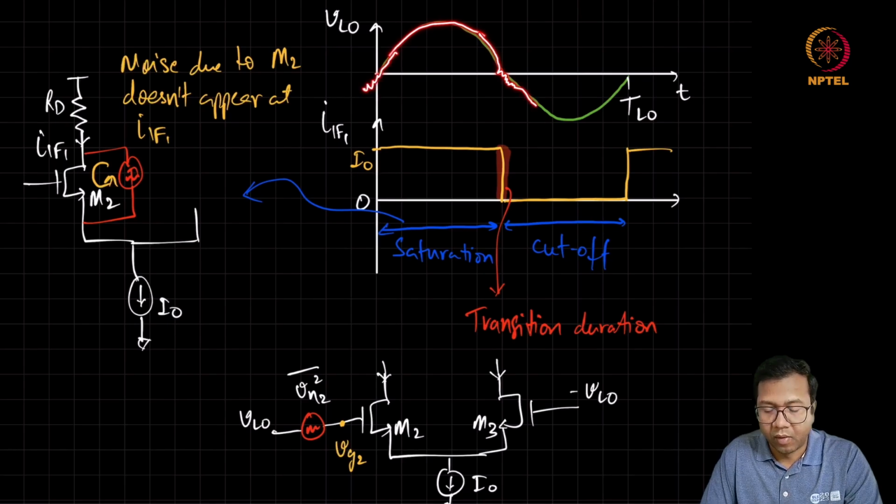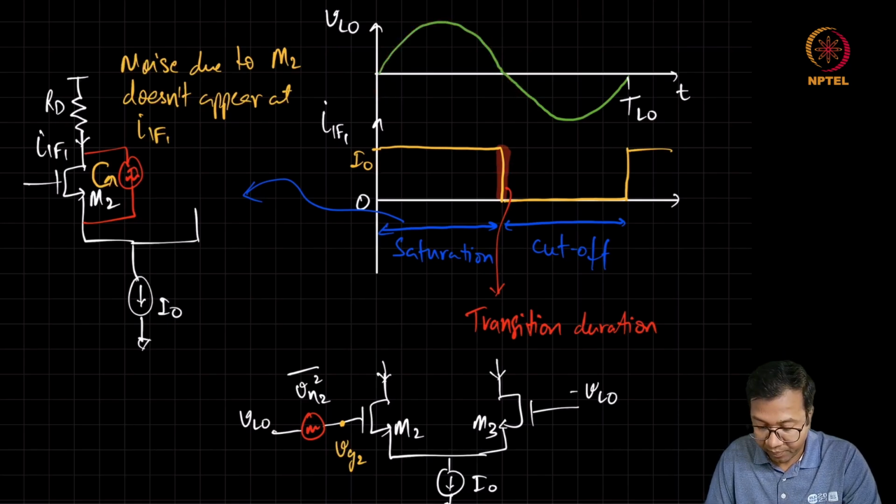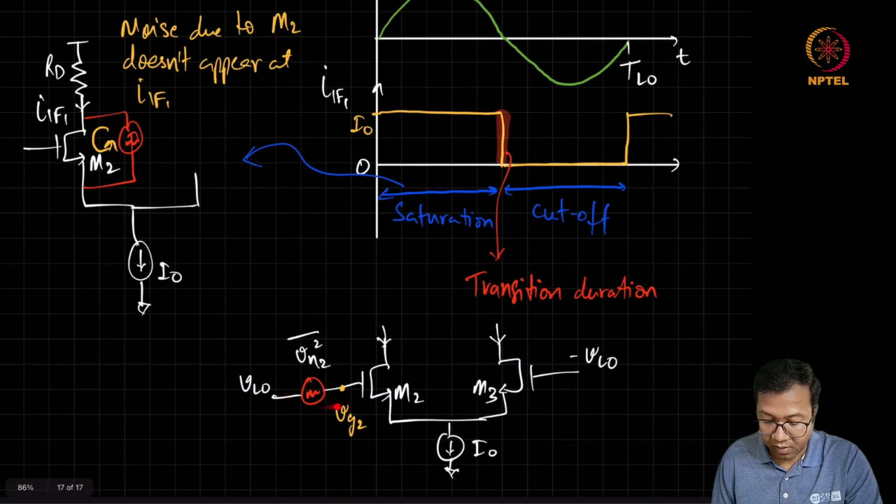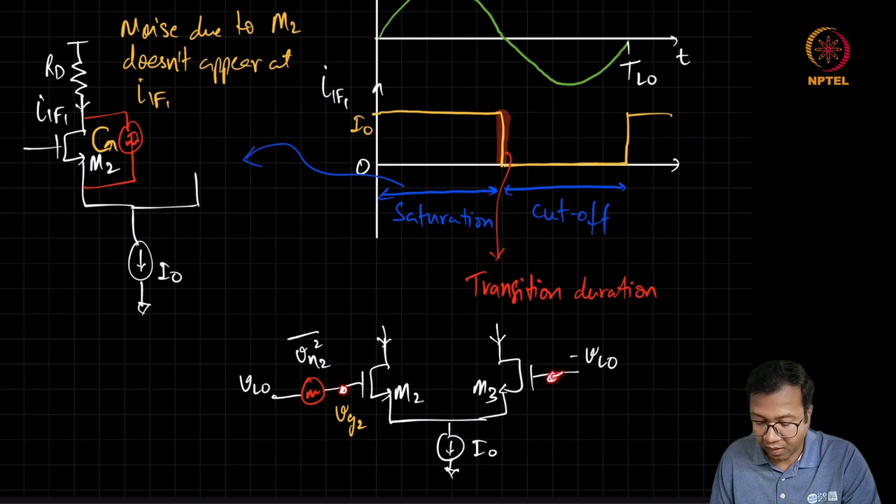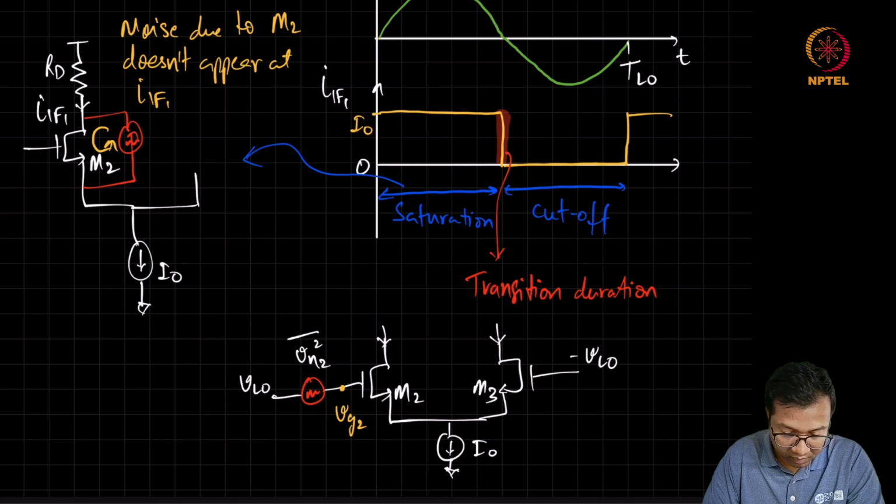So what will happen is the instant at which this transition happens may also get affected, because the switching instant depends on when this VG2 minus VG3 actually sees this transition. So it's not just the plus minus VLO, it's effectively what is the VG2 minus VG3, and this VG2 minus VG3 is going to depend on VLO as well as the input referred noise.